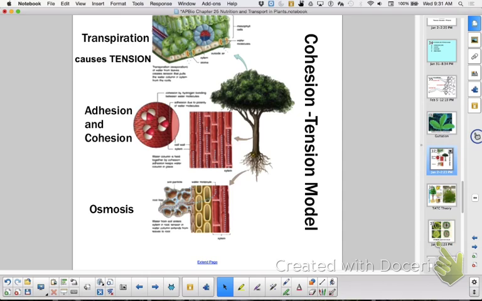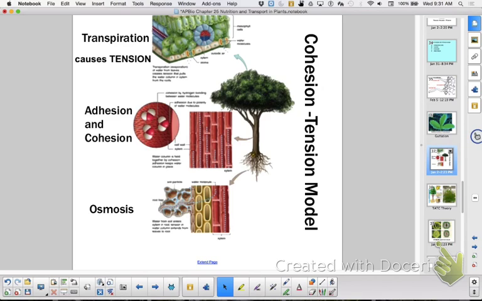Adhesion. Okay, so that gives us support. And then this pulling process, just like sucking on a straw that's in a Frosty, that's tension, going from a higher water potential to a lower water potential. It just keeps getting pulled up and up and up. So that's why it's called the cohesion tension model, or the TATC.